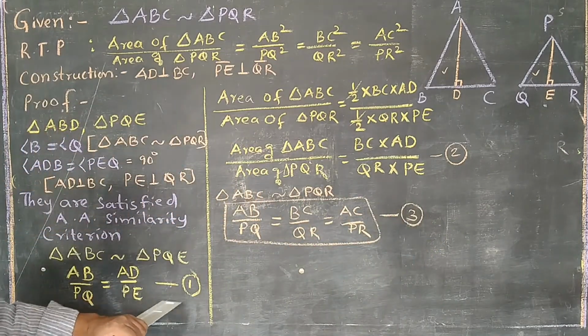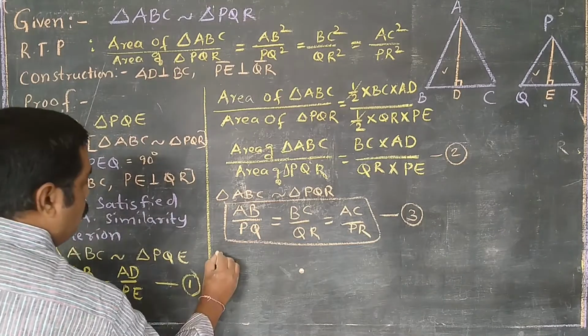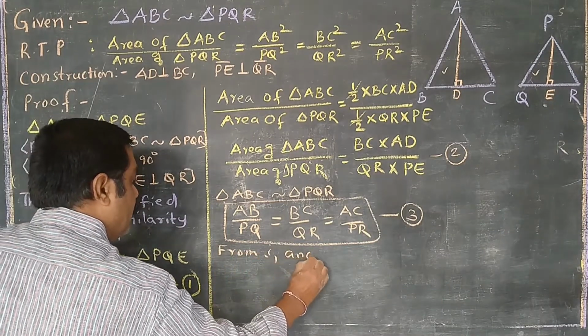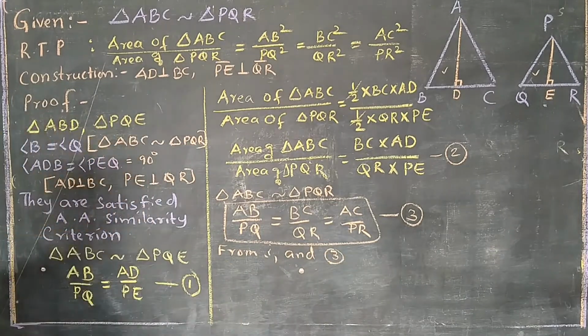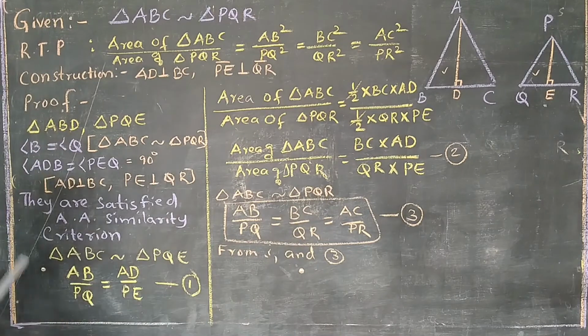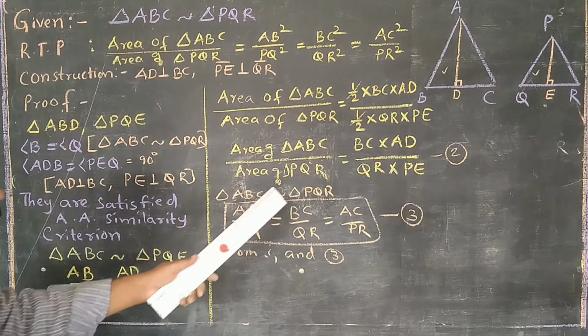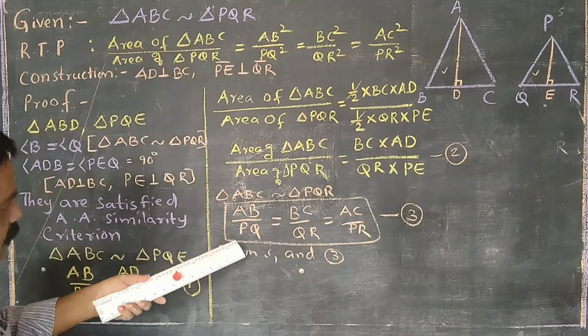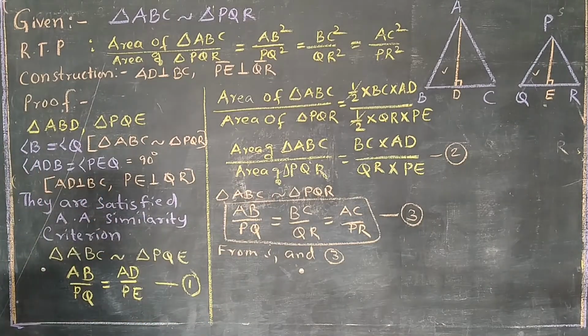From the first and third, what did we understand? Instead of AD by PE, we can write AB by PQ. AD by PE is equal to AB by PQ. For BC by QR also I can write AB by PQ. Is it clear?